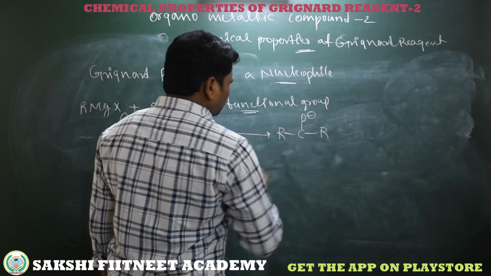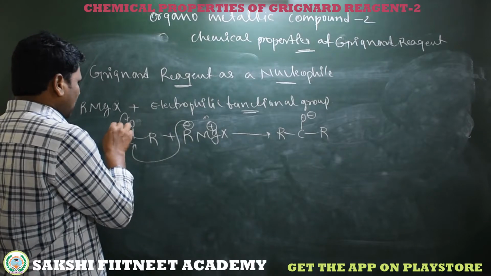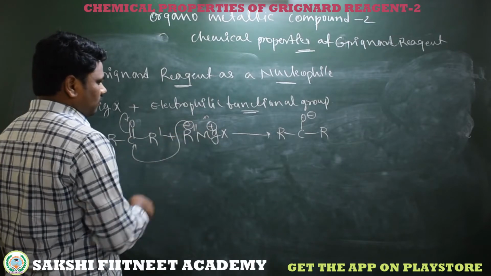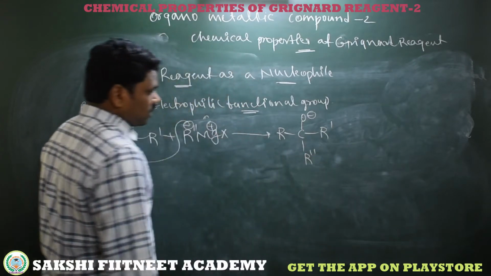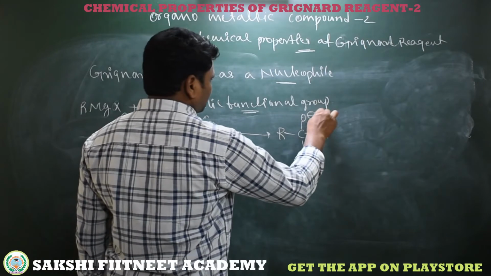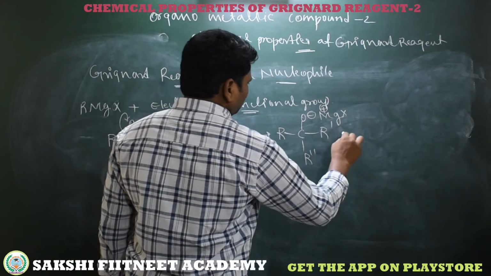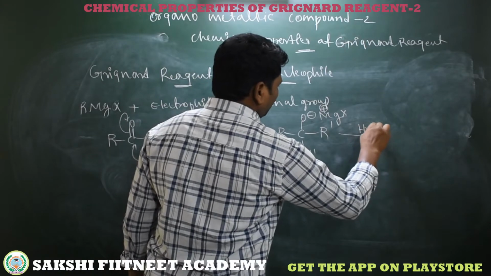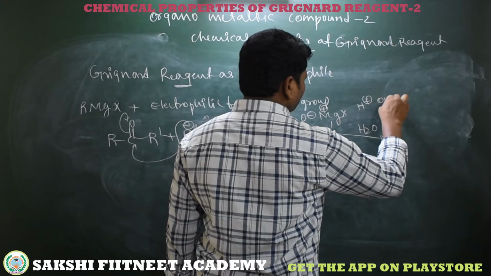To differentiate the alkyl groups, here is R prime, this is R double prime. R prime, which came from the Grignard reagent, becomes attached. So O minus MgX plus is neutralized here. Then we do hydrolysis, H plus OH minus.